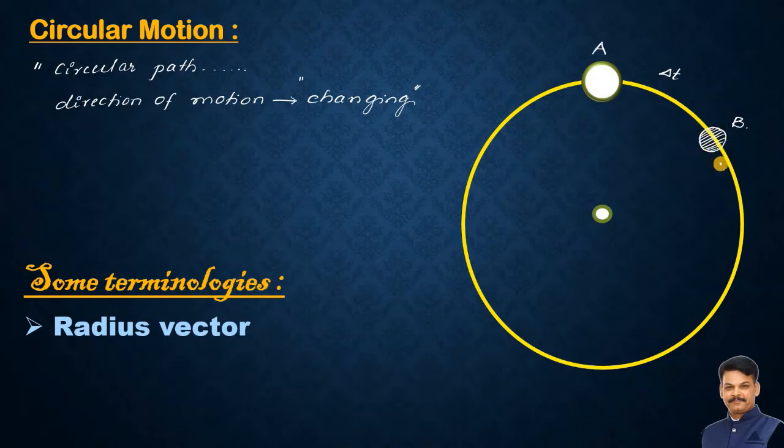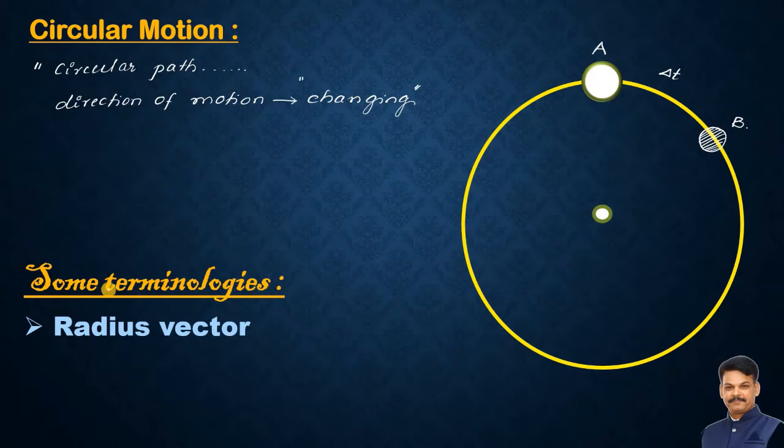So as this object continuously moves along the circular path, its direction goes on changing. Remember this particular point regarding the circular motion.